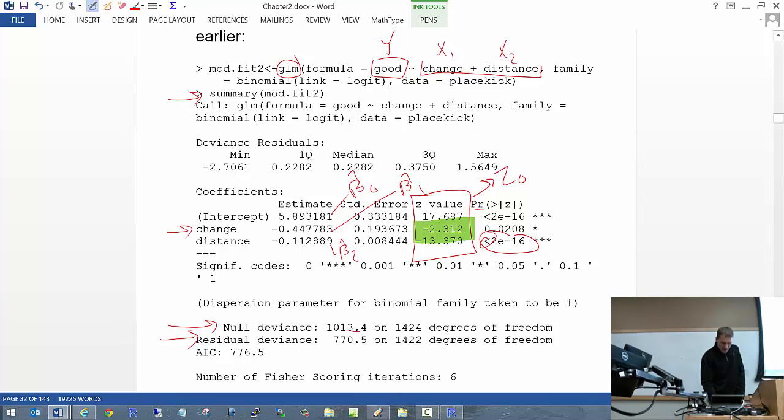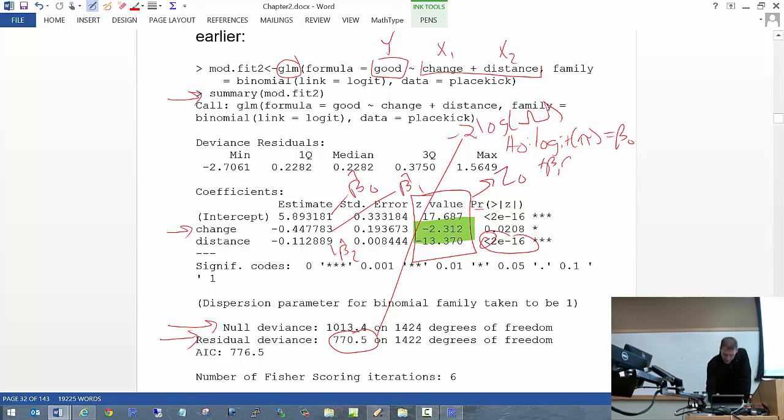So what this is testing right here is 770.5, negative 2 log lambda. That is testing the following. My null hypothesis model is beta 0 plus beta 1 times change plus beta 2 times distance. The alternative hypothesis model is what I abbreviate as SAT model, for saturated model. That's what that's testing.